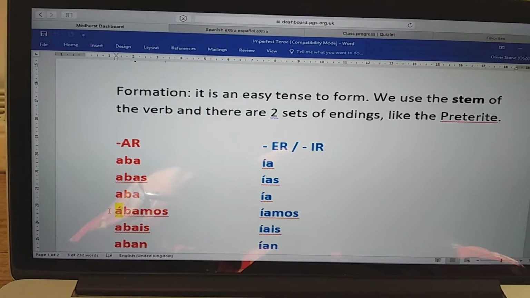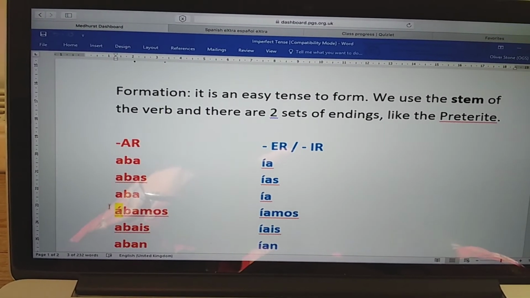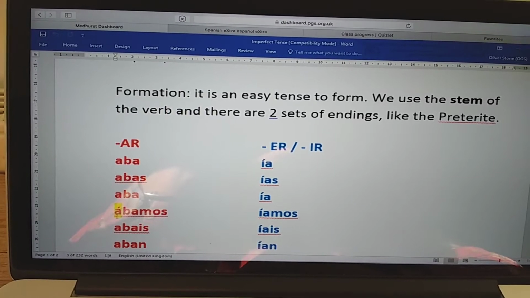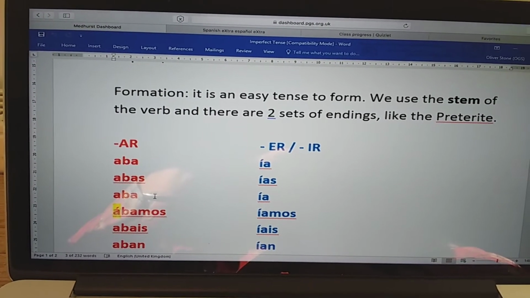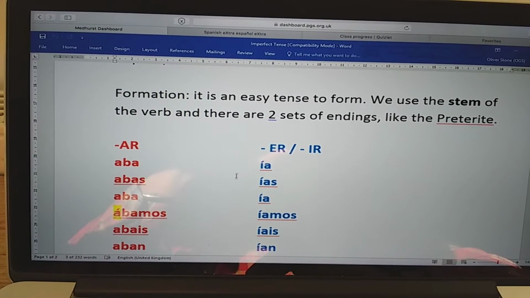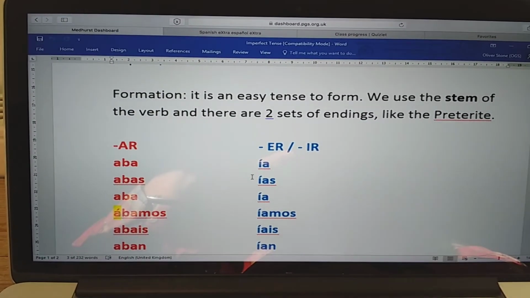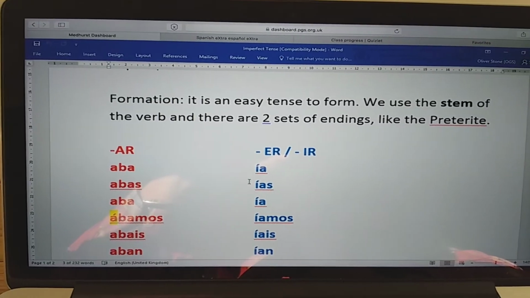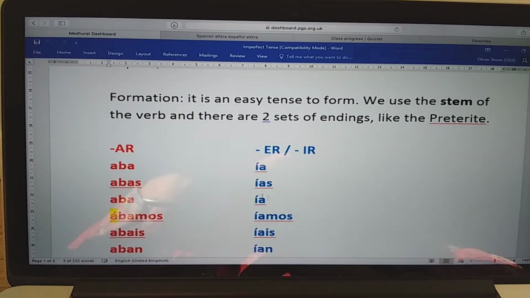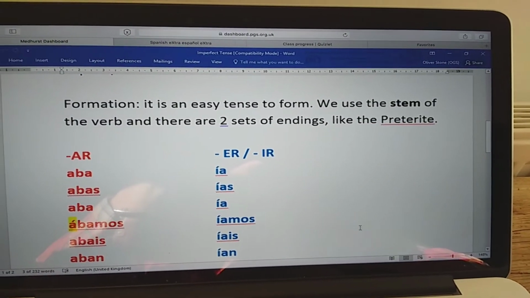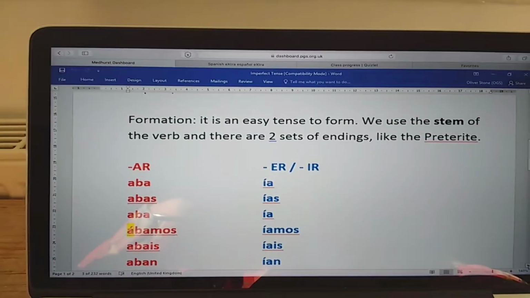Notice the accent here. That means we have to place stress on that. So that's really important. Notice here, though, for the ER and IR, there's an accent on every single one. So it goes ía, ías, ía, íamos, íais, ían. So far so good.